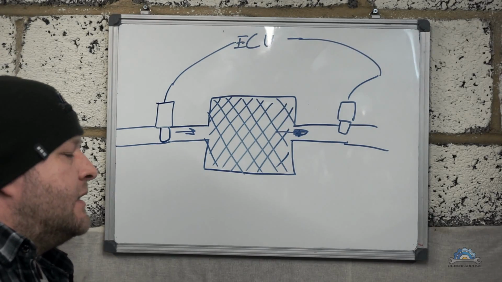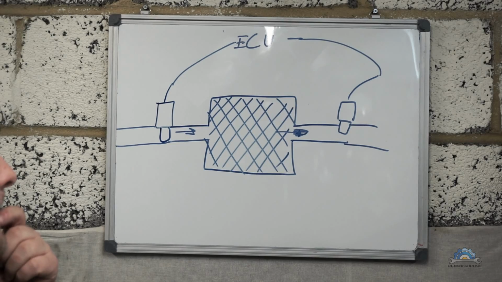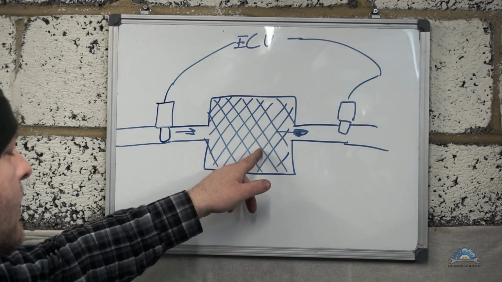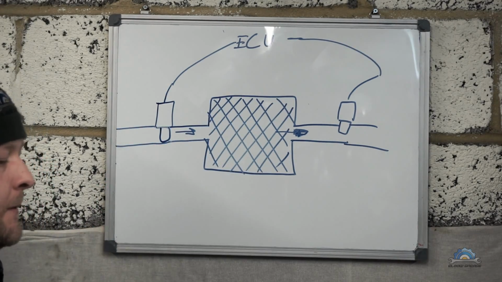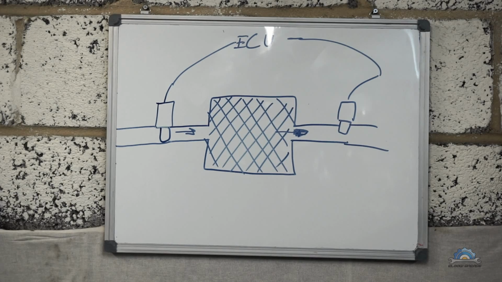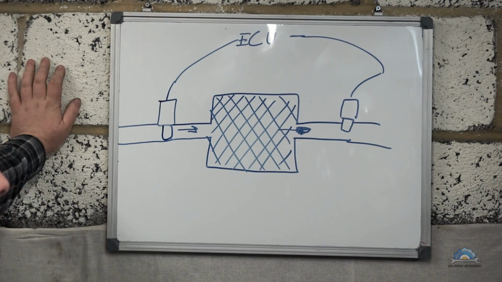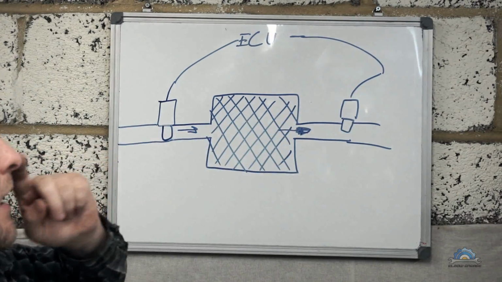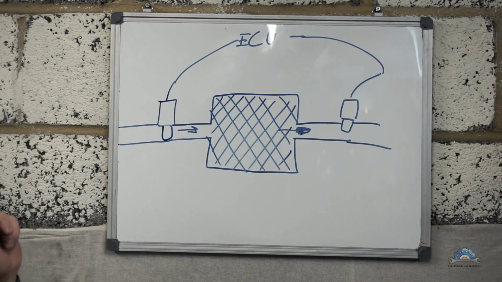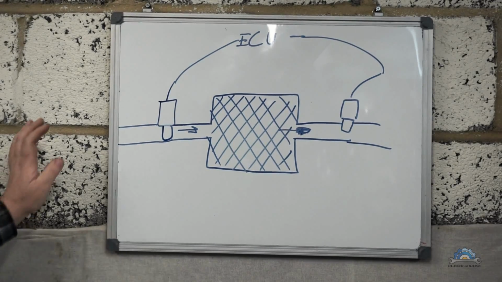And some people say it's just monitoring what the cat is doing, and it doesn't have any effect on fuel trims. And I'll tell you guys now, thanks to one guy on the forum, I was able to find out that actually the post-cat O2 sensor is able to change fuel trims and how the engine actually behaves.